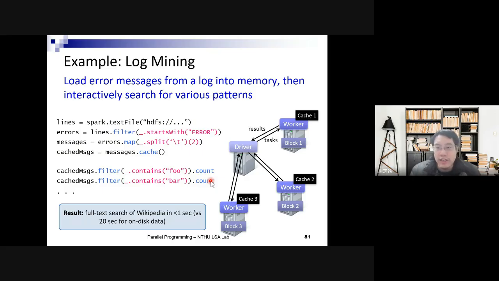So that's why when people start doing machine learning or interactive analysis, they prefer to use a distributed system like Spark instead of MapReduce, because the data can be reused and can be stored in memory. And it's better than a single machine because, depending on the size of your cluster, you are able to handle a larger volume of data, at least larger than what can be handled by a single machine.